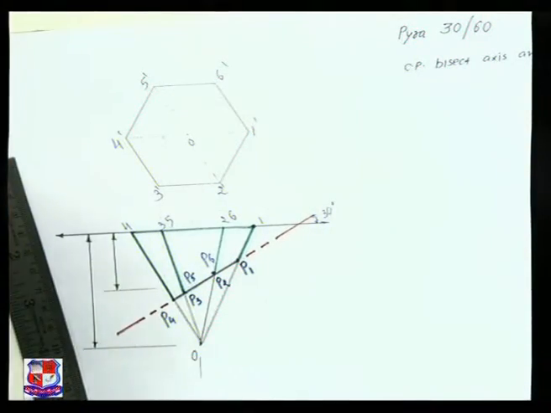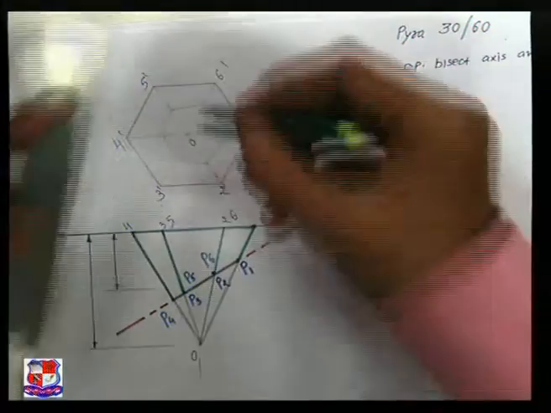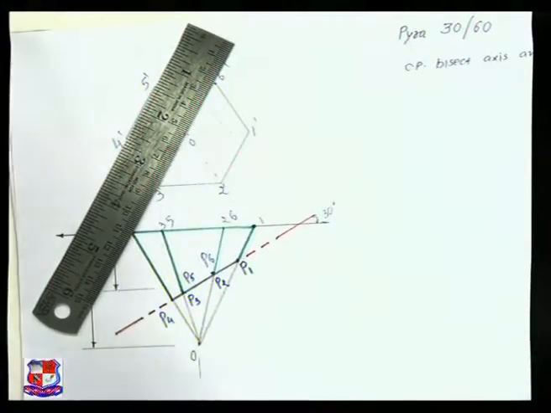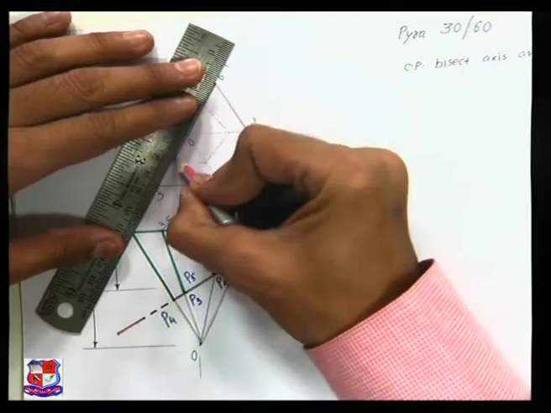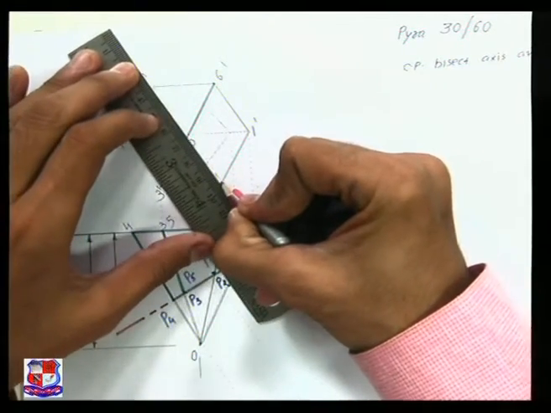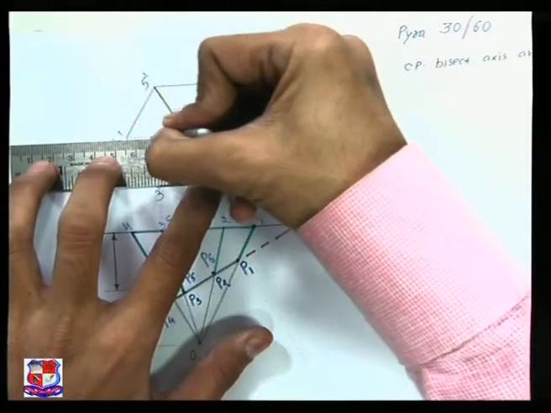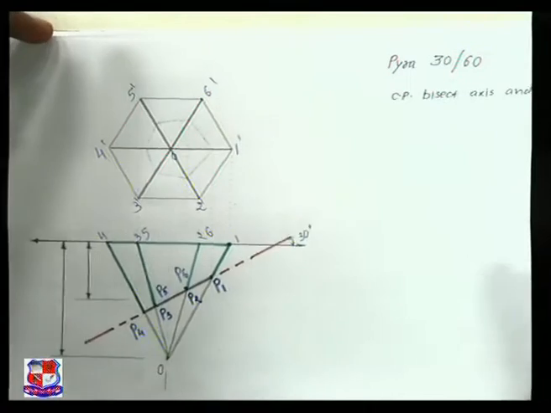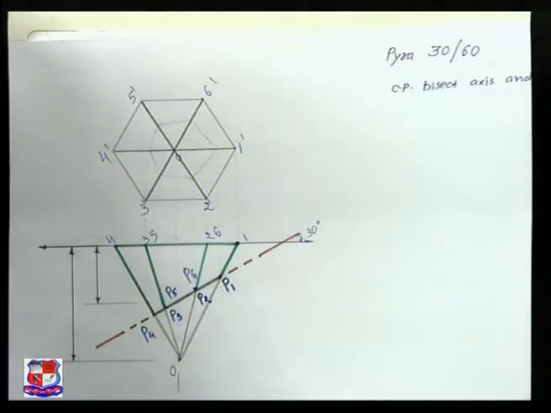Before that, let me draw the front view of this solid. In the front view, these edges would be visible, that is O dash to 1 dash, O dash to 2 dash, O dash to 3 dash, O dash to 4 dash, like this. As it's a pyramid, these slant edges can be represented by straight lines as shown over here.